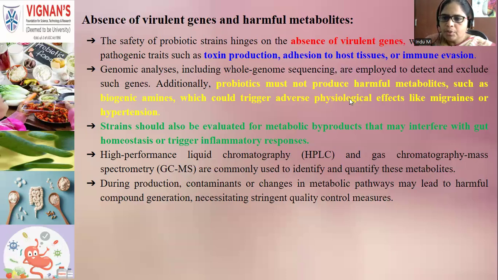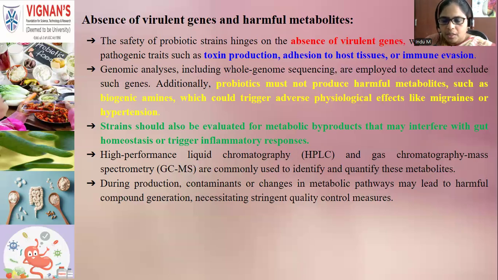It should not produce harmful metabolites like biogenic amines. These biogenic amines trigger adverse physiological effects like migraines and hypertension. And the strain should be evaluated for metabolic byproducts that may interfere with gut homeostasis or trigger an inflammatory response. This is also an important criterion.